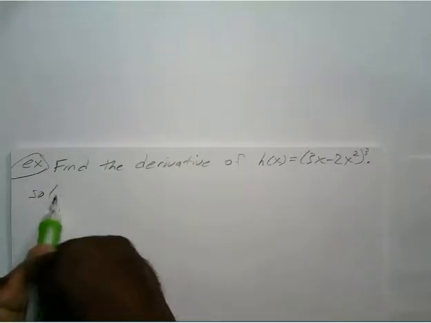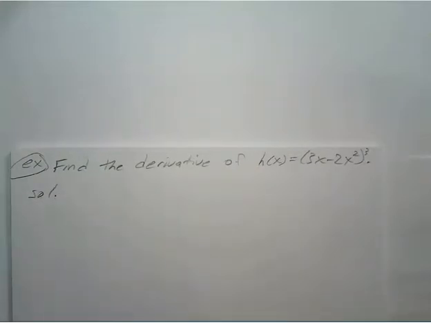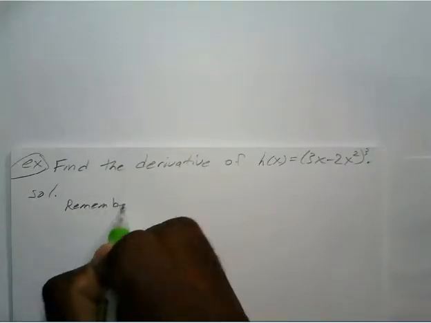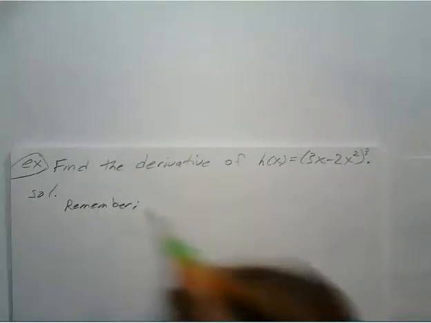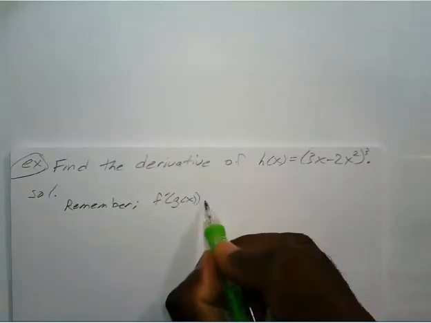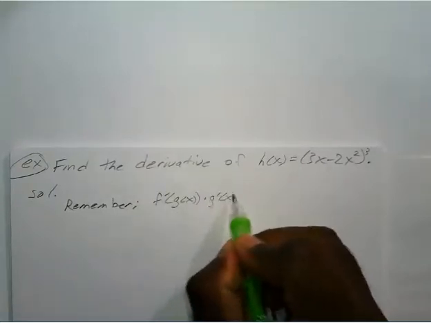For this one, this is where you want to remember the chain rule: f prime of g of x times g prime of x.